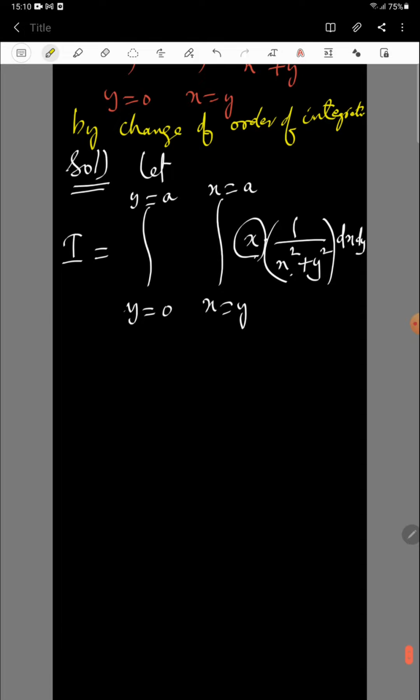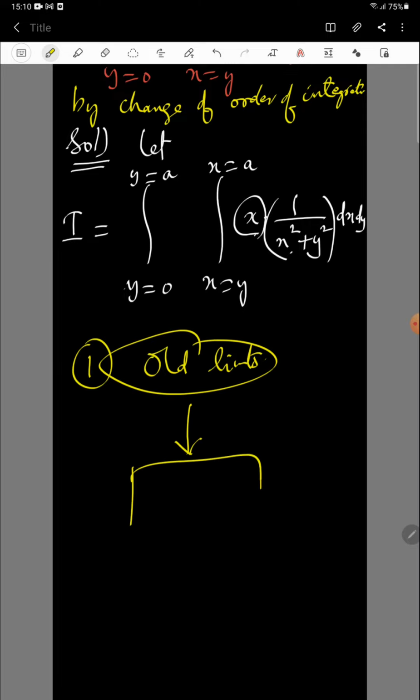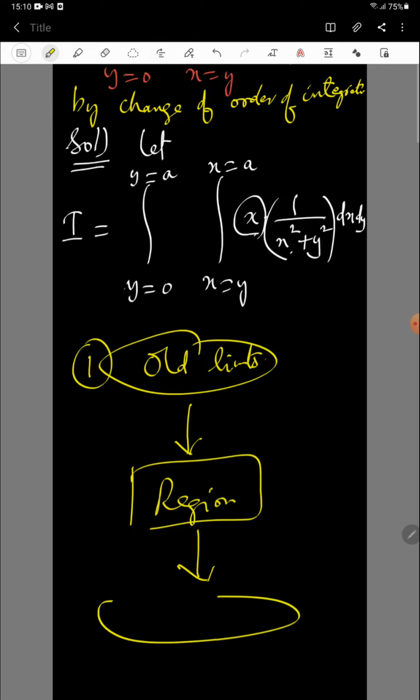Now there are only two steps, keep in mind. From the given limits, the old limits, you have to understand first clearly, then you have to go for the region, and from the region you have to go for the new limits.